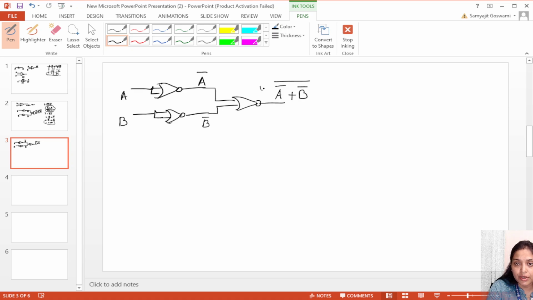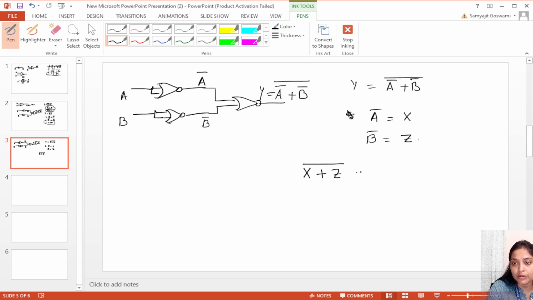If I consider y equal to A bar plus B bar whole bar, then let me just write y is equal to A bar plus B bar whole bar. First of all, we consider A bar equal to X and B bar equal to Z. So it is actually X plus Z whole bar.